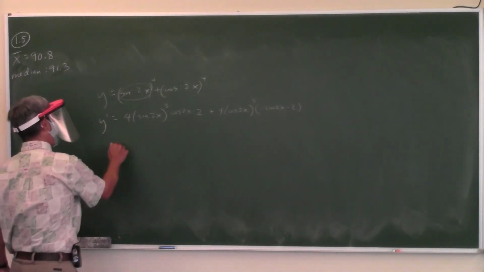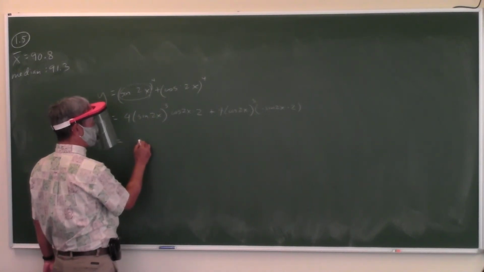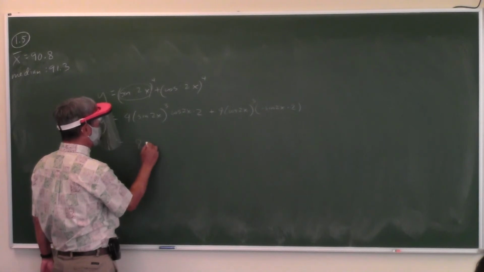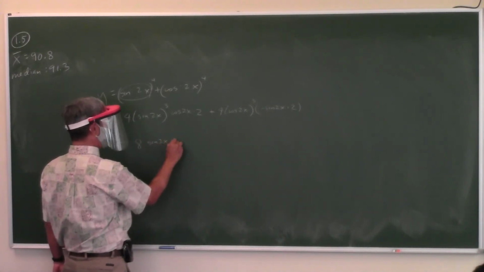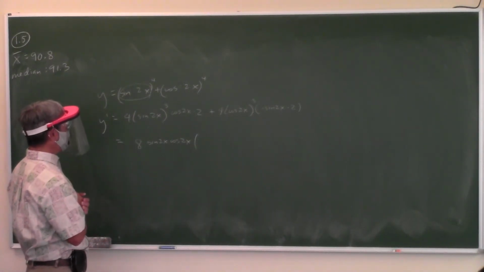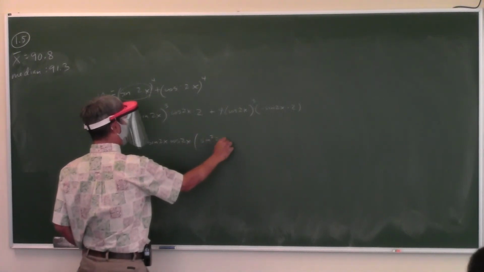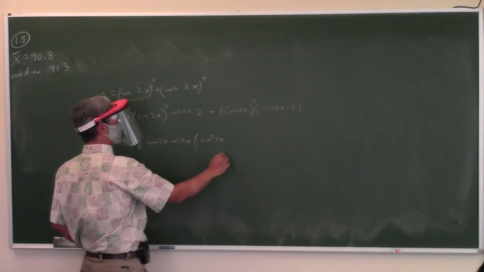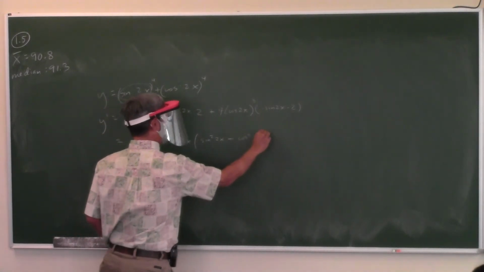What can be factored out? 8. Sine 2x, cosine 2x, and then what's left? Sine squared 2x minus... Okay, that's correct.